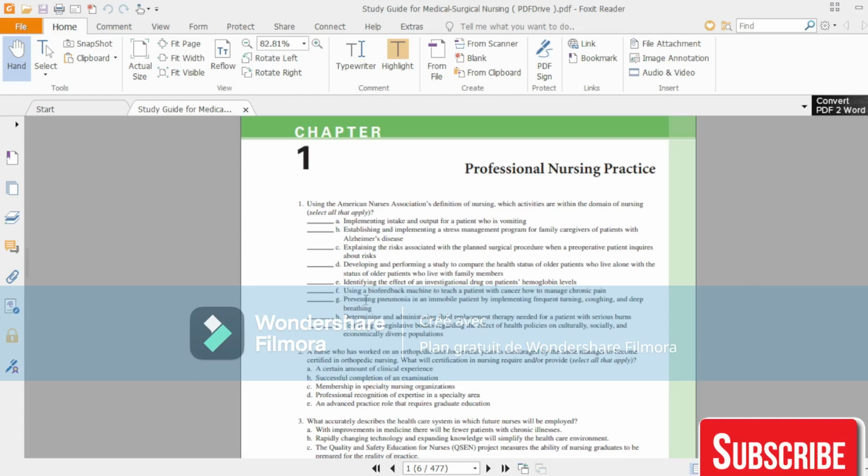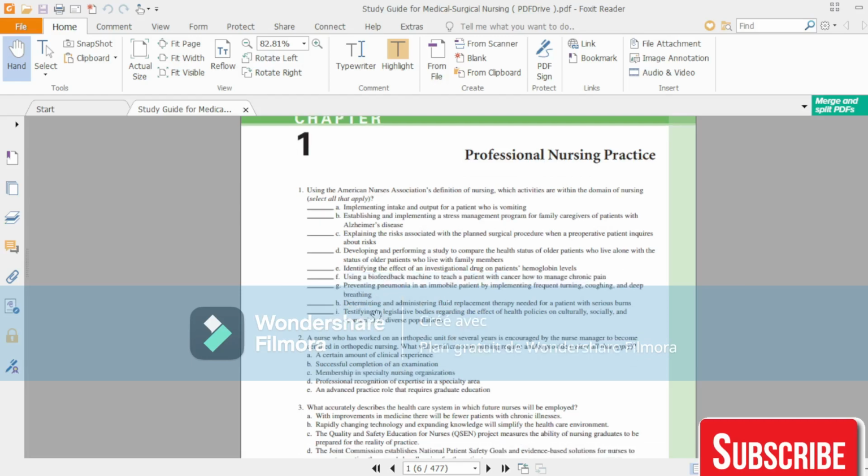E. Identifying the effects of an investigational drug on patients' hemoglobin levels. Or F. Using a biofeedback machine to teach a patient with cancer how to manage chronic pain.